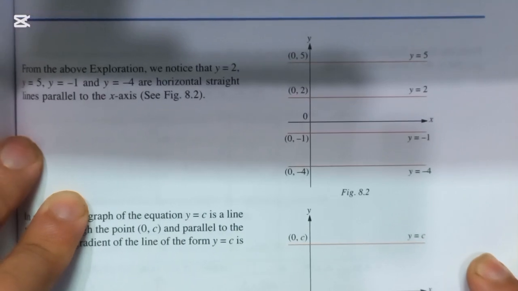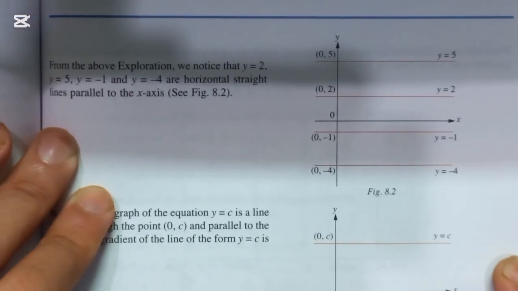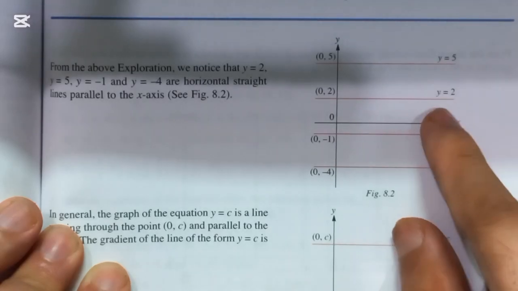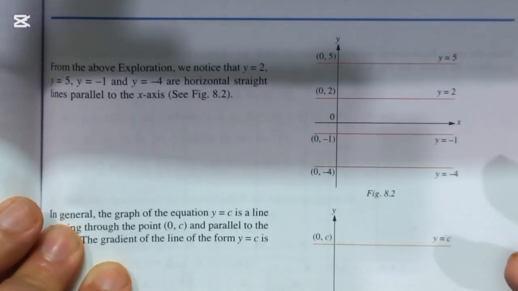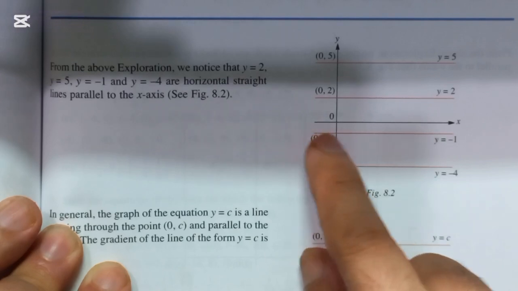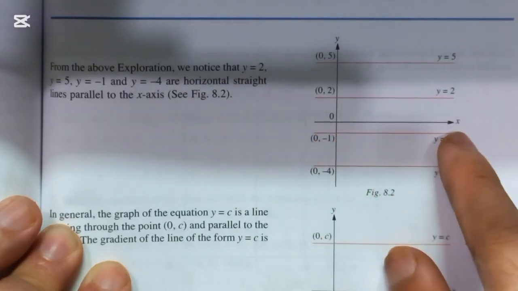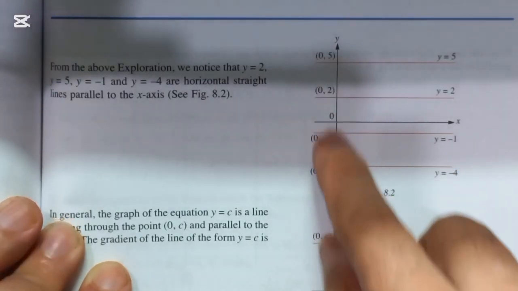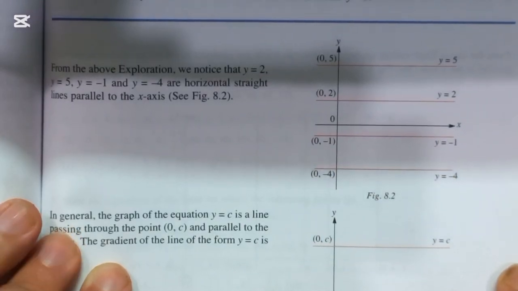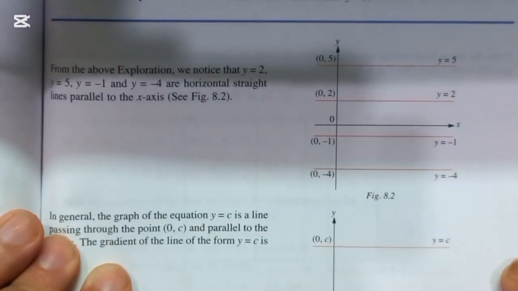So look here. Here are the graphs of these kinds of equations. So y is equal to 5 or y is equal to c form will be a graph that will be parallel to the x-axis. So look, now here is the x-axis and here is the y-axis. So whenever you are required to draw the graphs of y is equal to c form, these will be parallel to the x-axis.